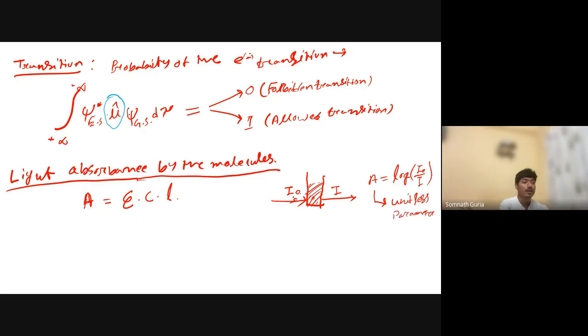We have a solution. We are shining light on one side of the cuvette, and on the other side we get some light transmitted from the solution. The logarithm of the ratio of the incident light and the outgoing light from the solution is called absorbance.